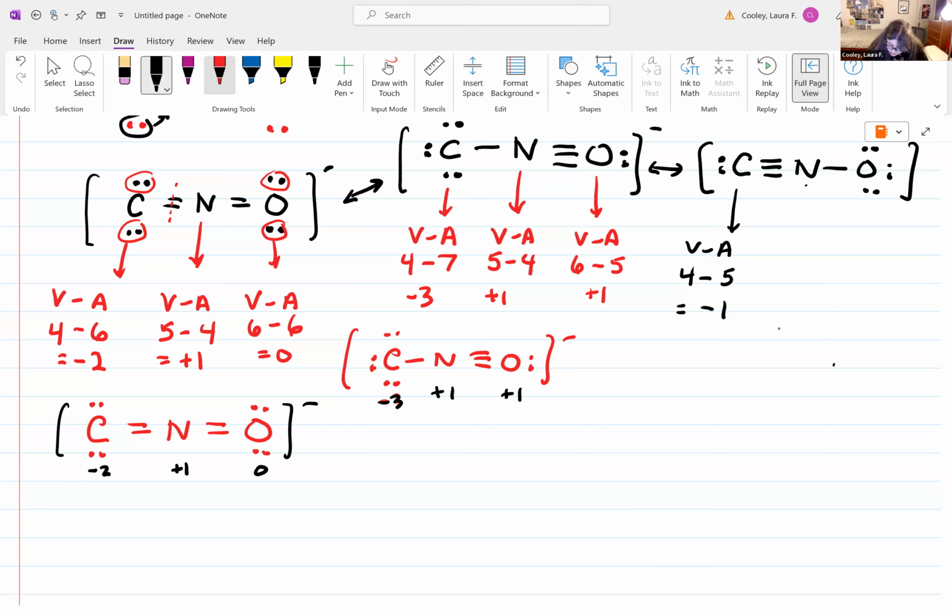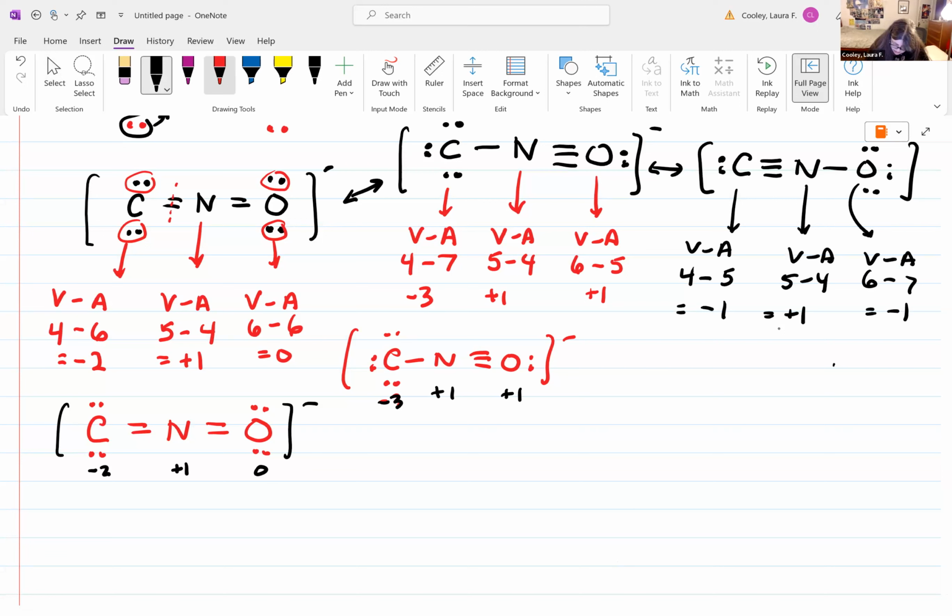And then nitrogen here. 4, that's the actual. 5 minus 4 is +1. And this one, valence minus actual, is 6 minus 7.